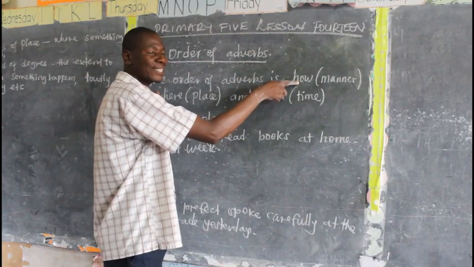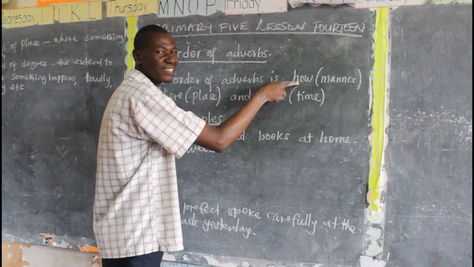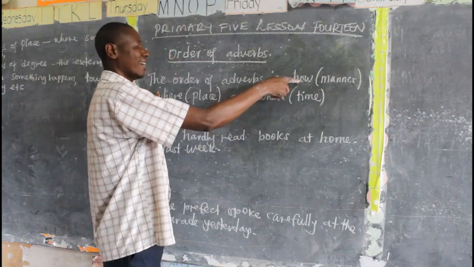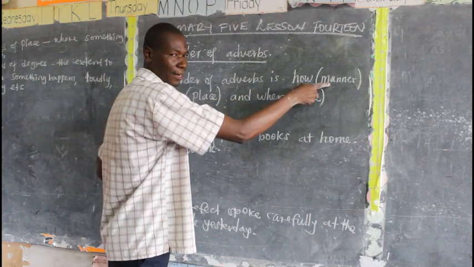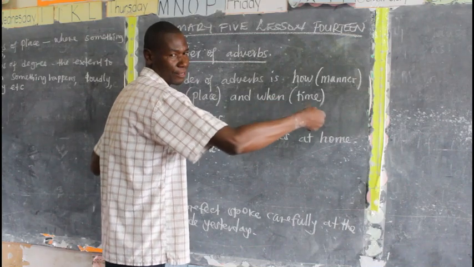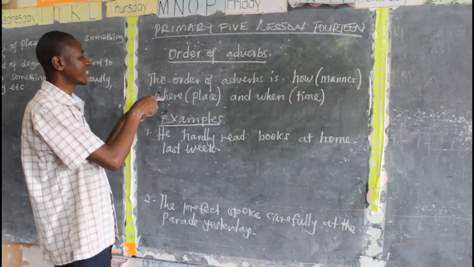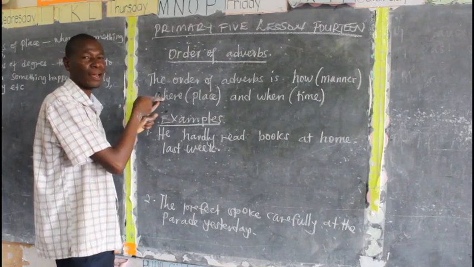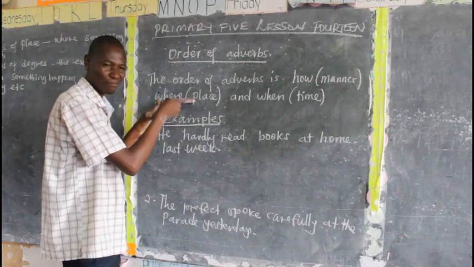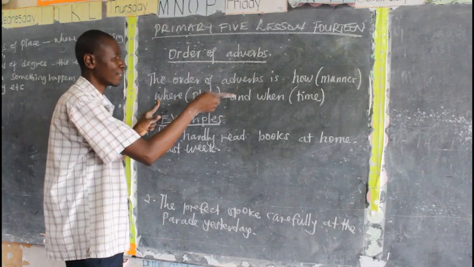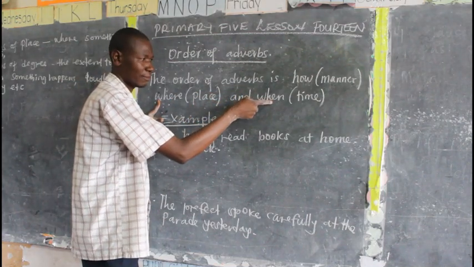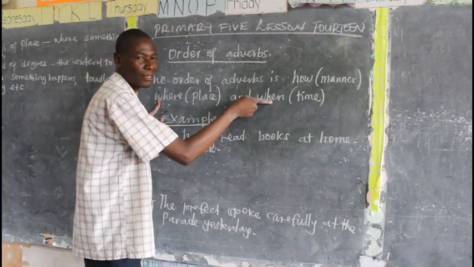How is the first adverb in a sentence, and how is manner: how something takes place, how it happens. Then the next is where, that is place. Then the last one is when.